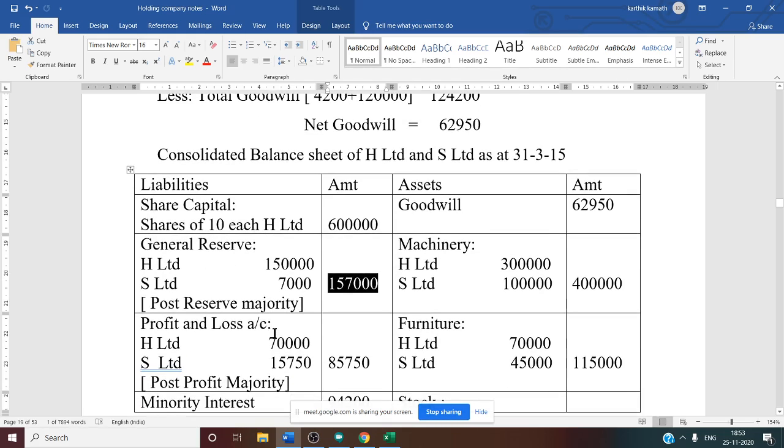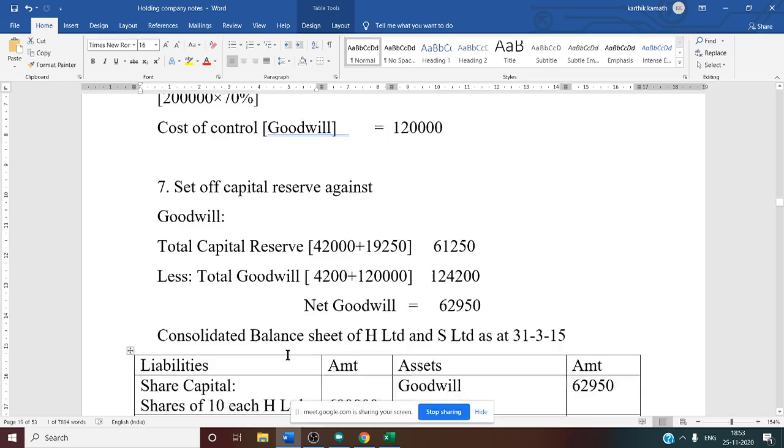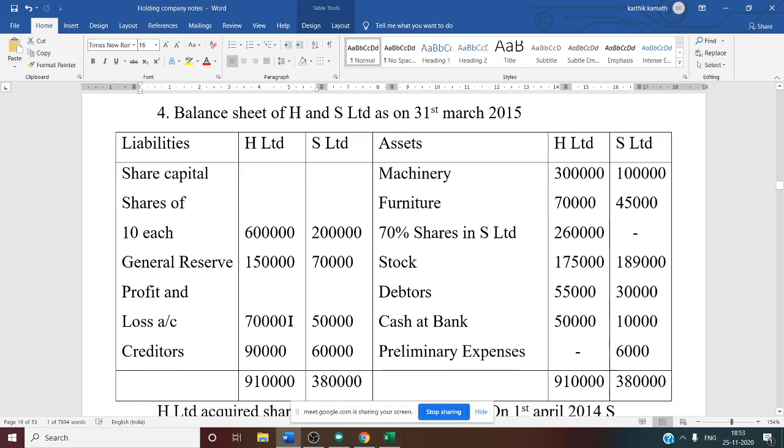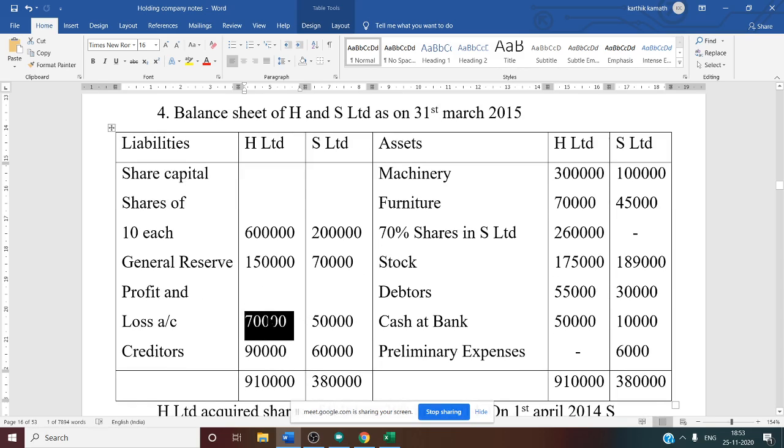Then there is a profit and loss account. The same procedure you have to follow. For the holding company, this amount will be given in the balance sheet. So let us see once again. We'll see this profit and loss account information. See now, profit and loss account information, 70,000 is given in the balance sheet. So this information we have to take, but we should not consider this 50,000 information. Why? Because out of this 50,000, some portion belongs to minority, some portion belongs to majority, isn't it? So that is why we have to be very careful.